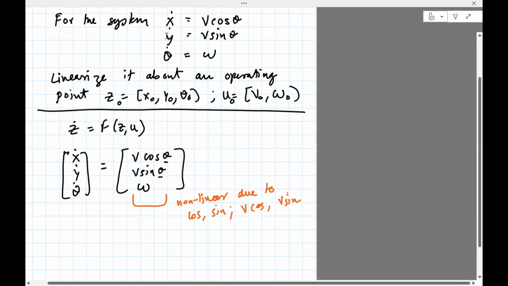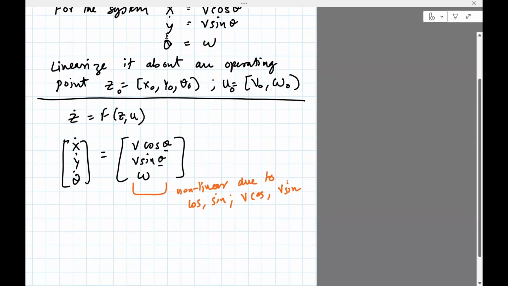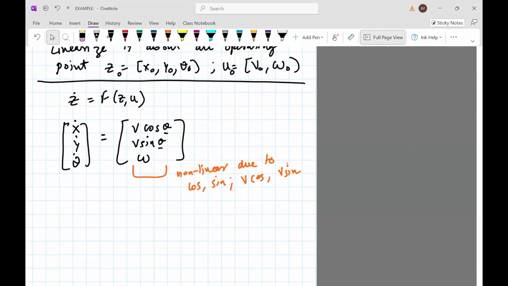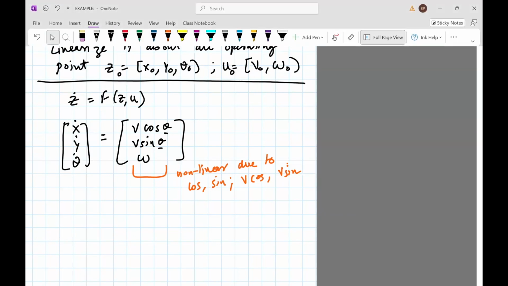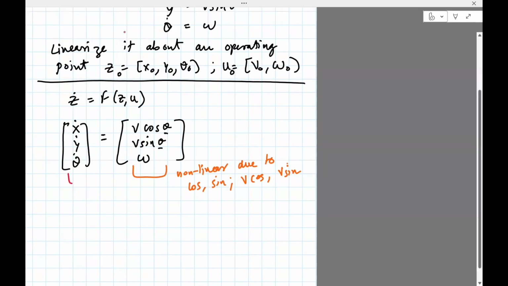Okay, so how do we go about doing this? Well, we know that A is df dz, in this case remember this is z, the definition.